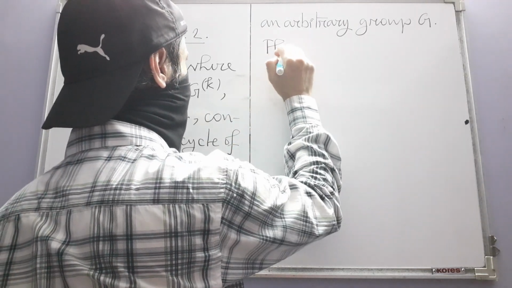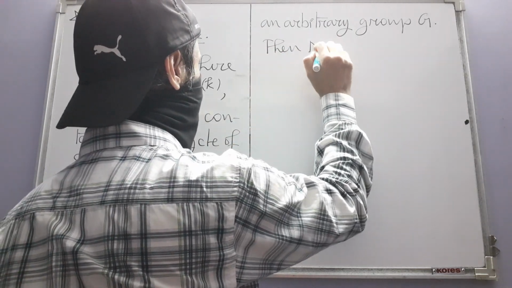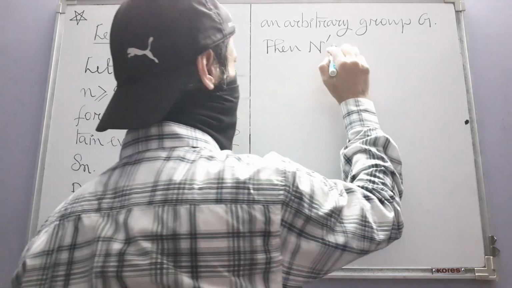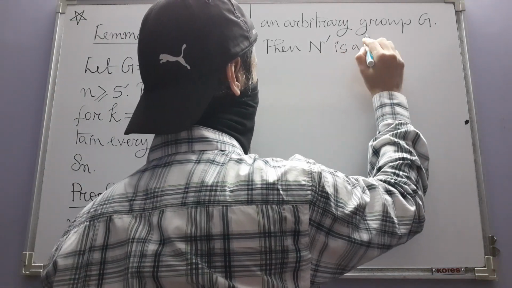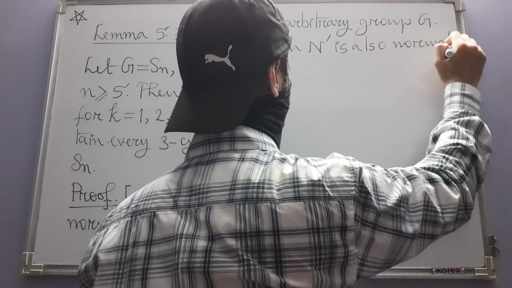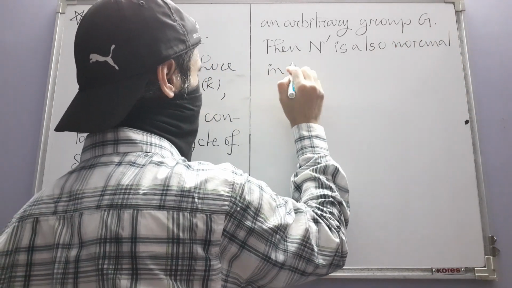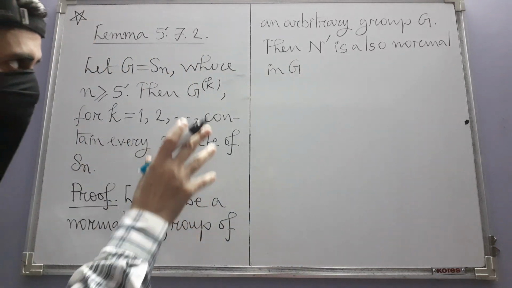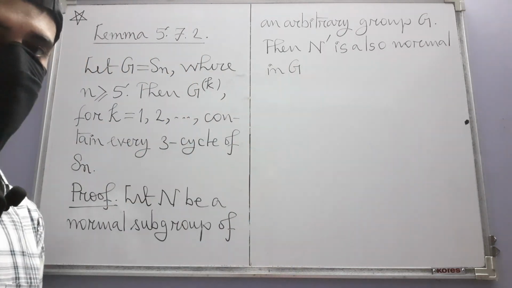Then the commutator subgroup of n, n prime, is also normal in G. We won't prove this remark itself right now.